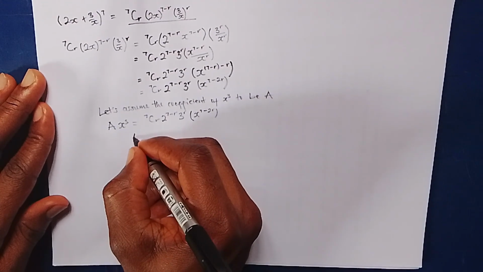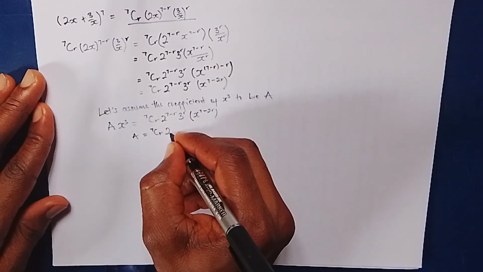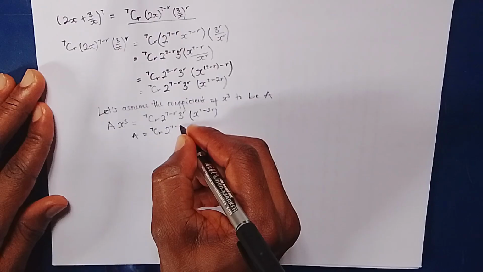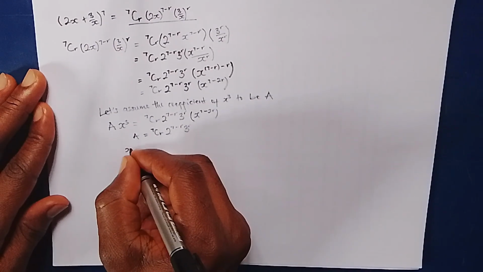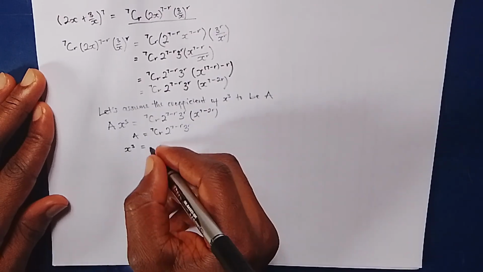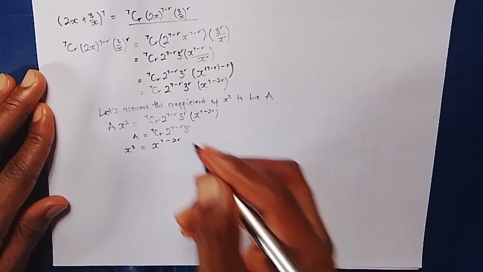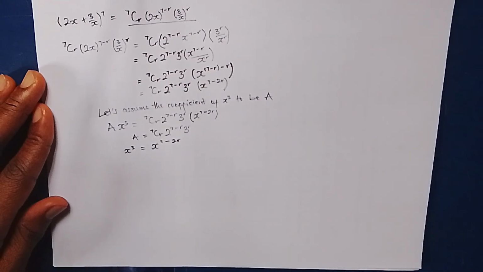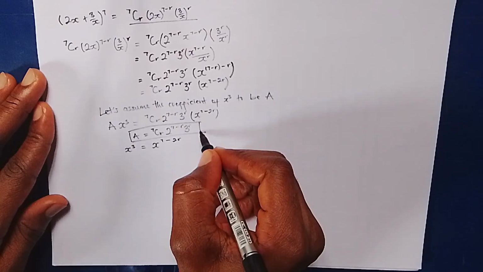So in this case, a, being the constant, is equal to 7Cr, 2 raised to power 7 minus r, 3 raised to power r, and x cubed is equal to x raised to power 7 minus 2r. This is the formula for our coefficients. We'll come back to this.